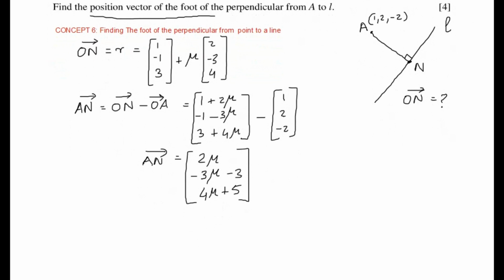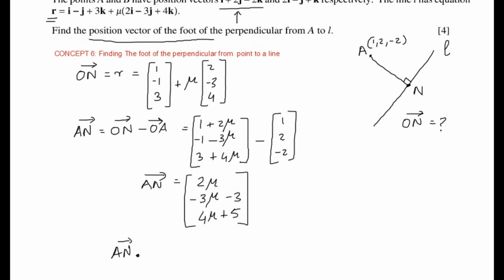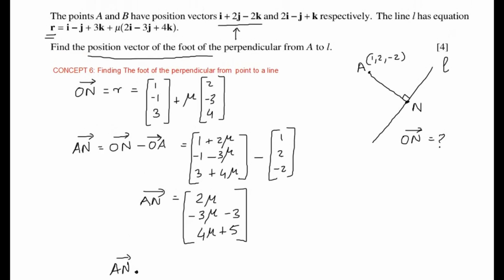So we're going to do AN, its dot product with the line L. When we do the dot product with the line L, this is super important. Don't use the entire equation of the line L. Use only the direction portion. You don't have to use the entire r is equal to i minus j plus 3k and so on. Just use this portion because this represents the direction of L.